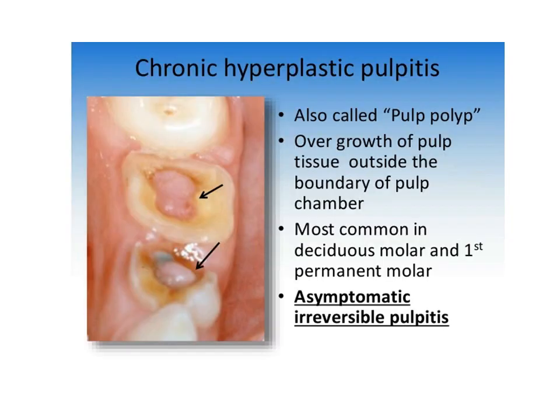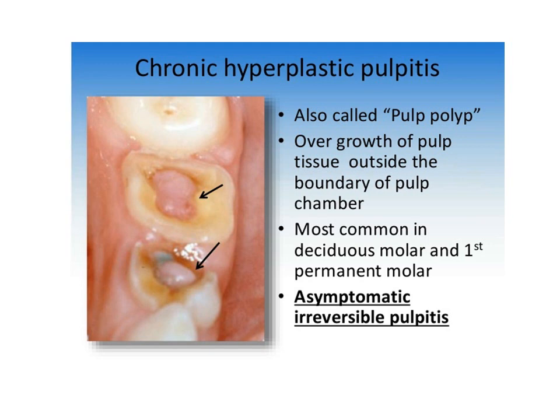In other cases of more advanced inflammation, what we normally call a pulp polyp is a chronic hyperplastic pulpitis. It's an overgrowth of the pulp tissue outside the boundary of the pulp chamber.